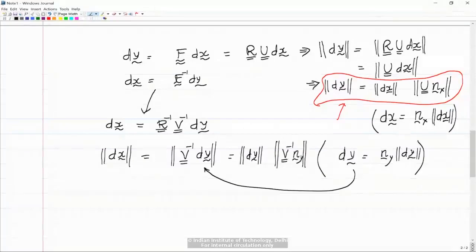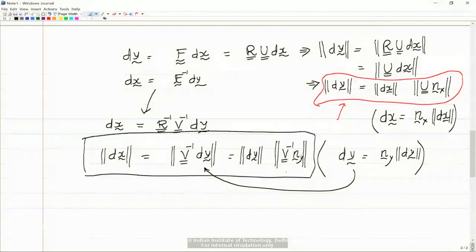So you see that in this inverse representation, what you have is V inverse. So if you compare this box with the red box, they are kind of inverse maps. And you see that in the direct, it is U which is coming, and in the inverse, it is V inverse which is coming up.